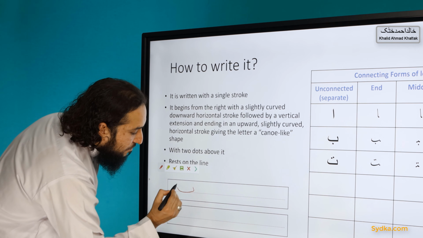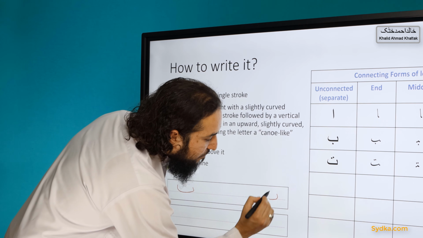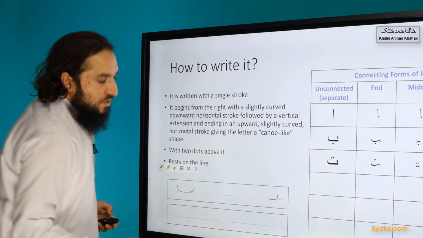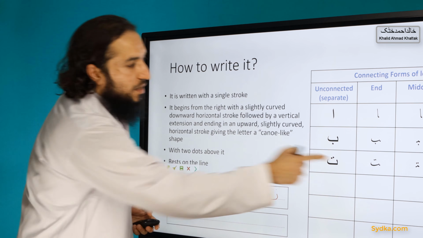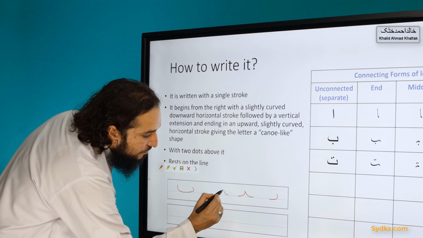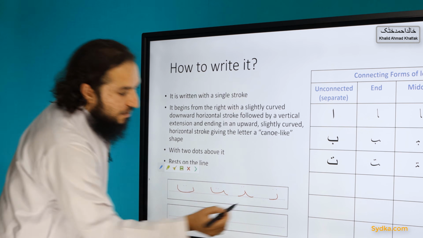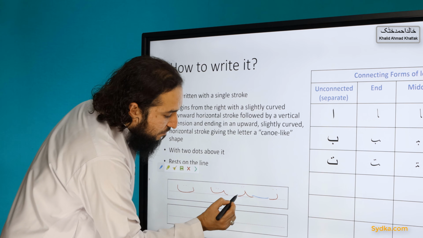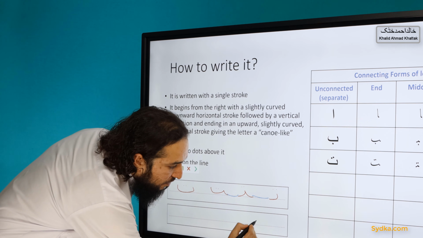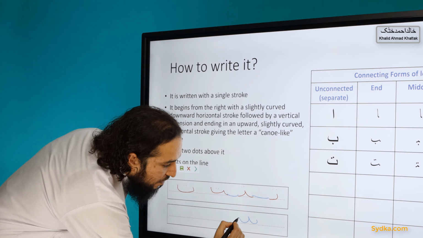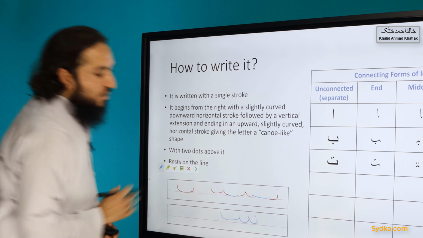If it's in the middle, and if it is at the end. Can we connect them? Yes. You can connect this one here, this one there. If we make one word from it, it would look like this. So now you can connect it like this.